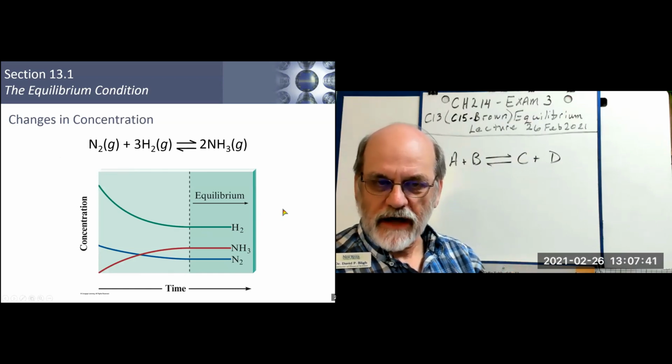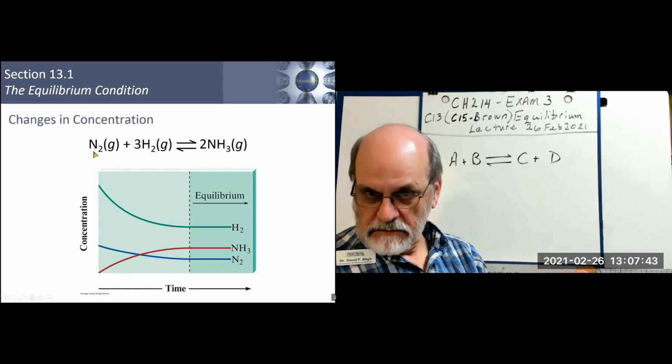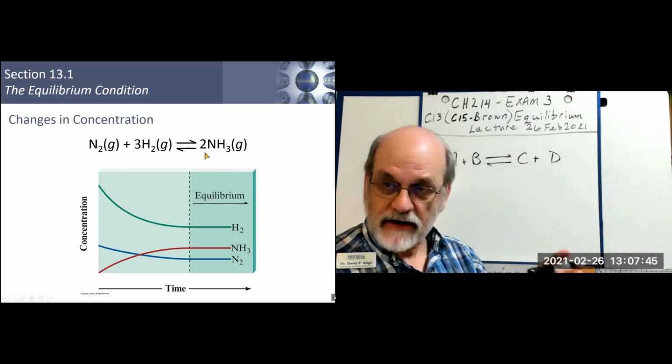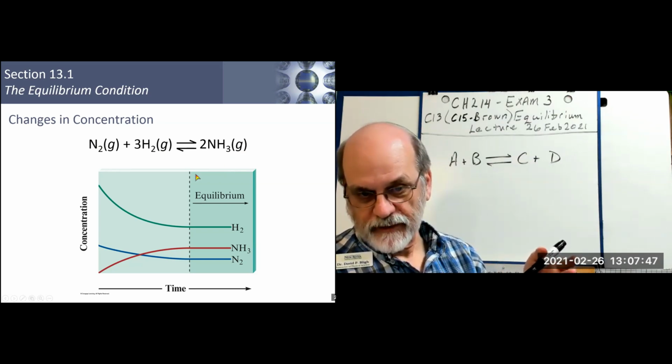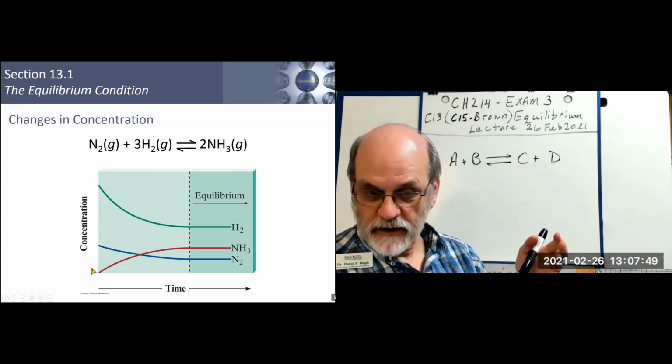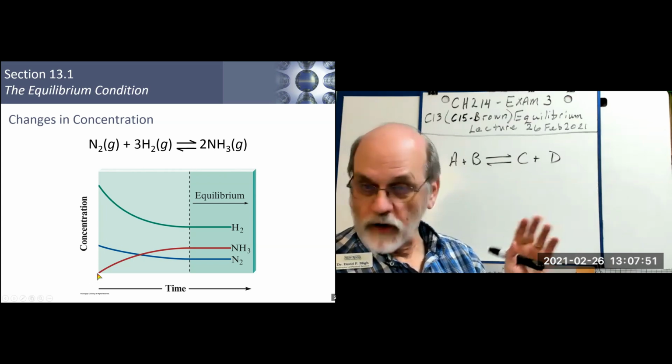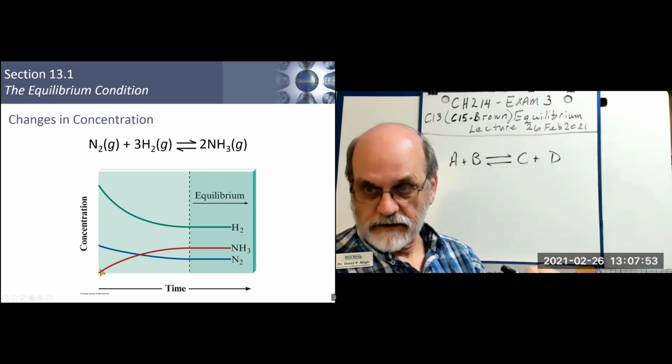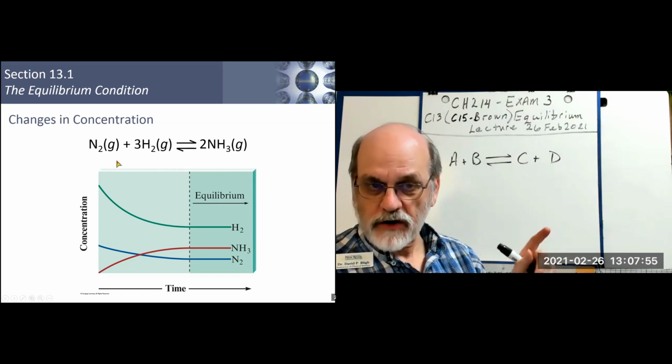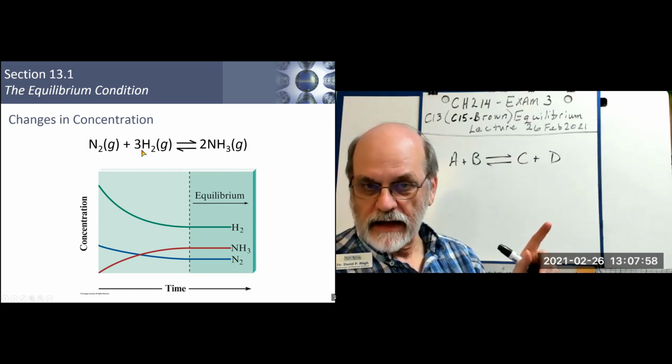So this is what it would look like for, say, nitrogen gas combining with hydrogen gas to make ammonia. You would obviously, at the very beginning, start off with no ammonia. That's a product. When you first start, you have nothing but nitrogen and hydrogen.